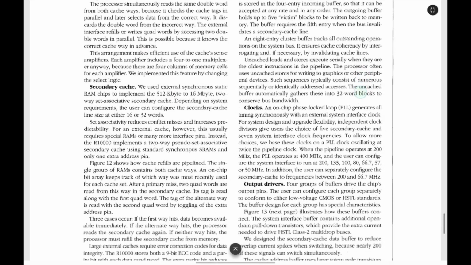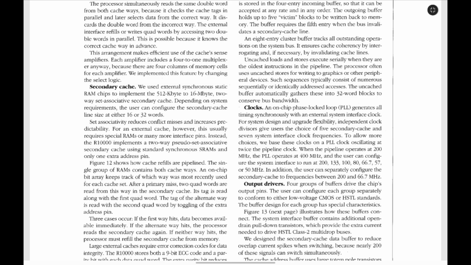The secondary cache. We used external asynchronous static RAM chips to implement the 512 kilobyte to 16 megabyte two-way set associative secondary cache. Depending on system requirements, the user can configure the secondary cache line size at either 16 or 32 words.